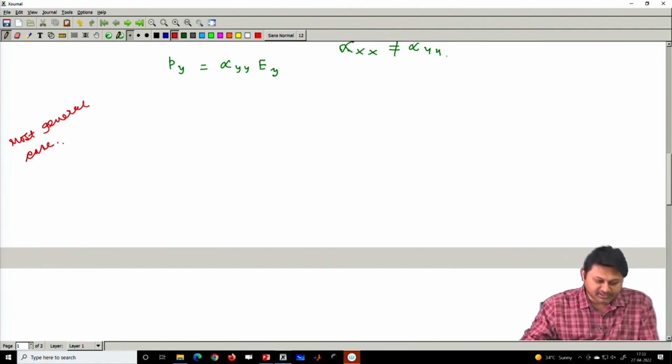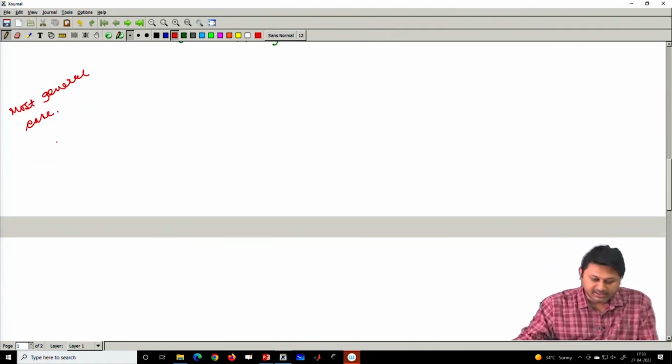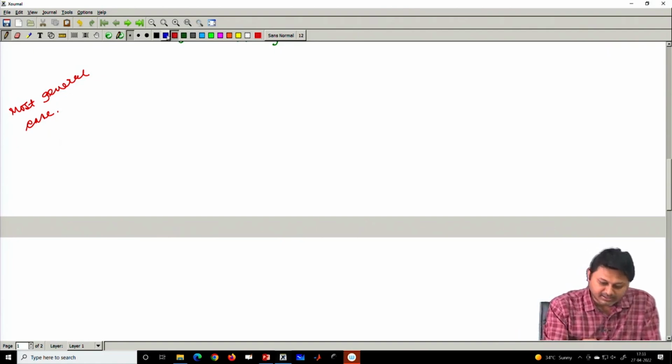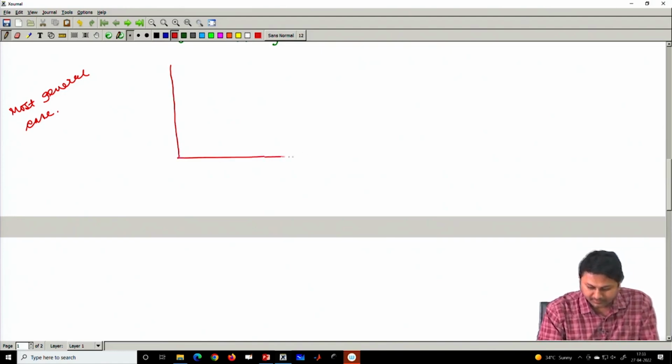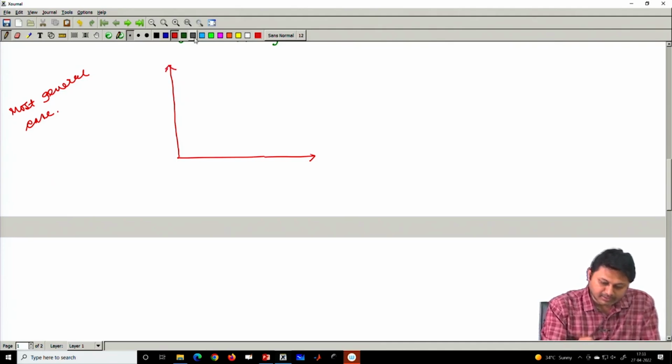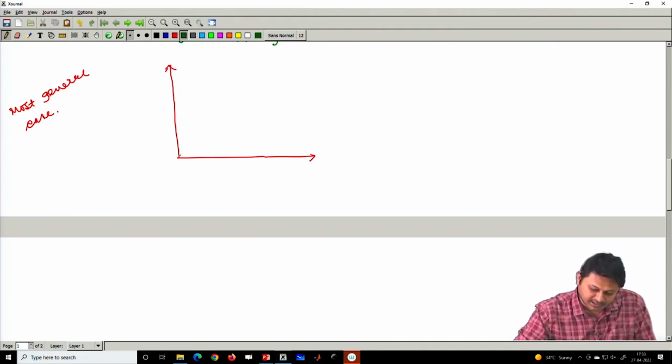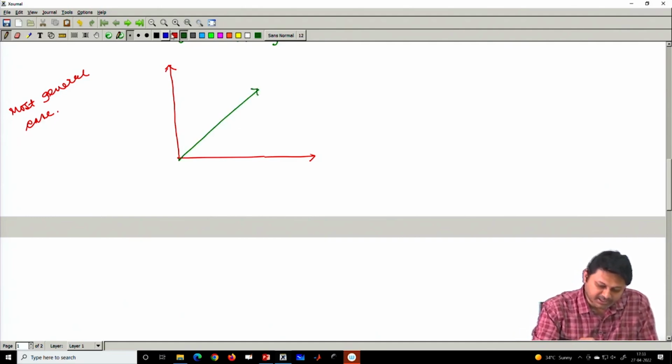And the most general case is when E, suppose I have this coordinate system, and my E is along this direction, some direction. P is not parallel to E. So, it should have some other direction.